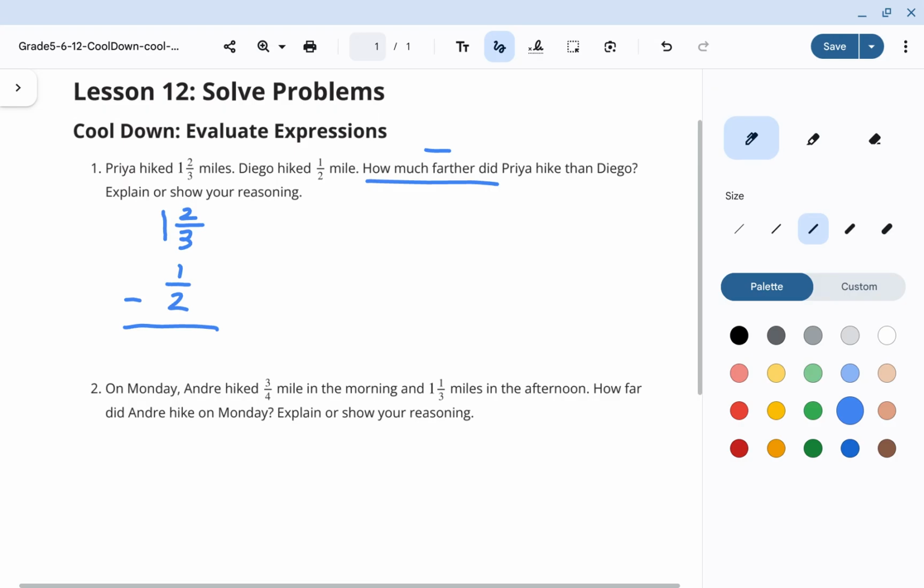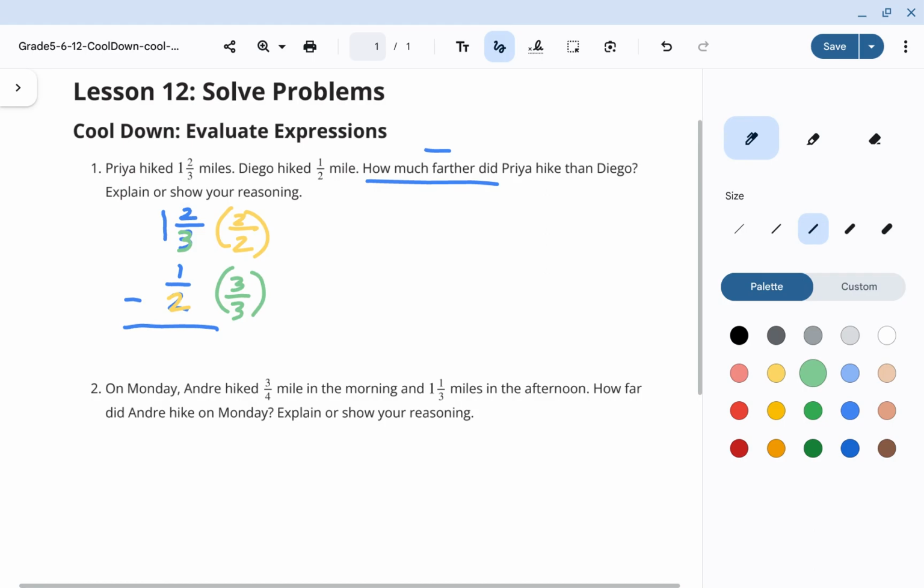So instead, I am going to multiply 2/3 by 2 over 2, and likewise, I am going to multiply 1/2 by 3 over 3.